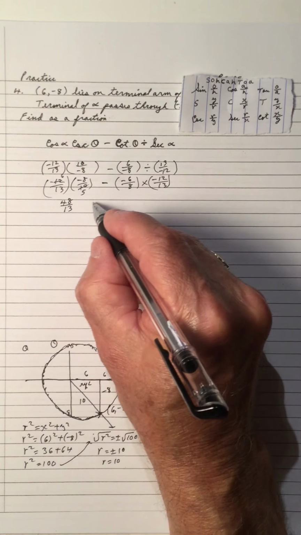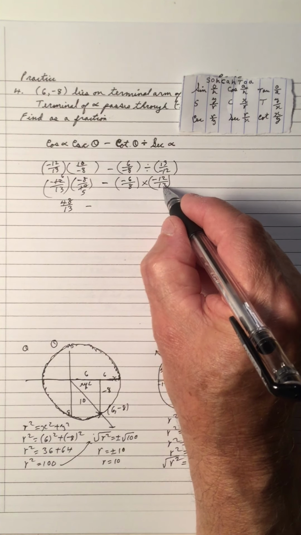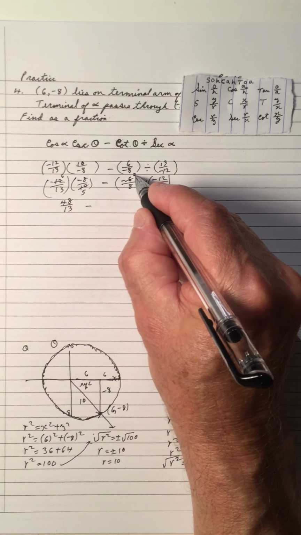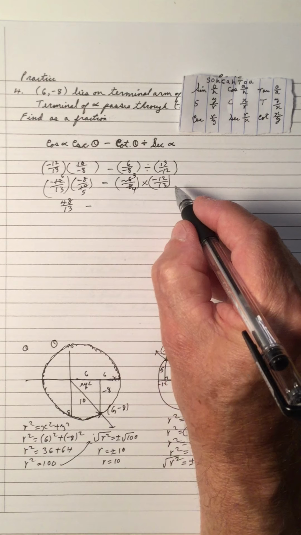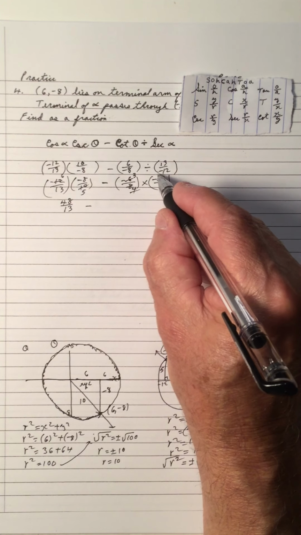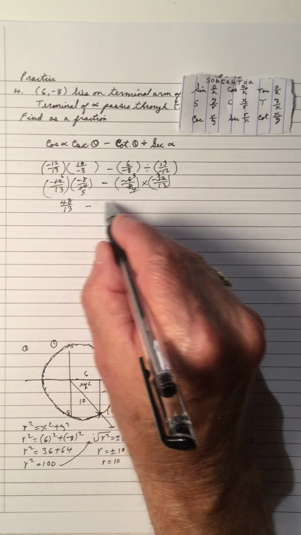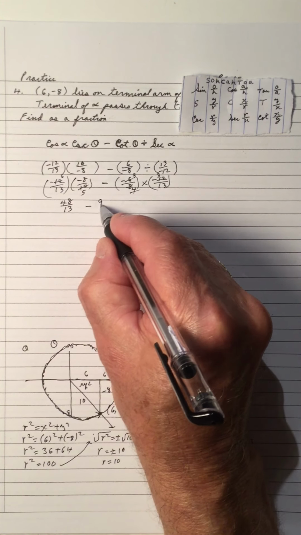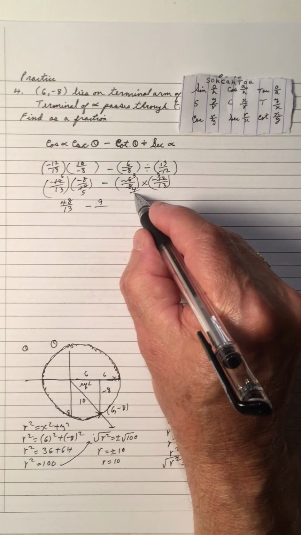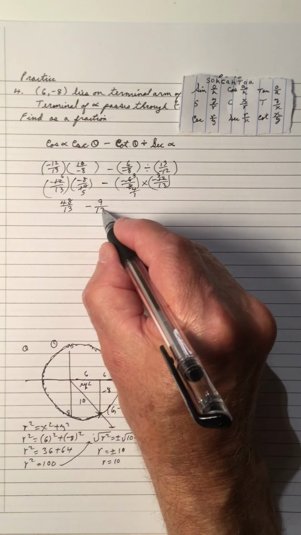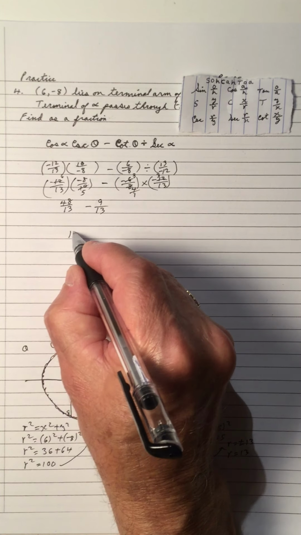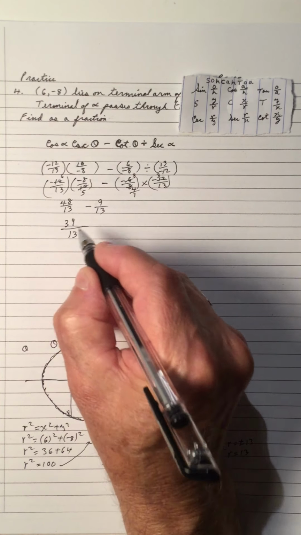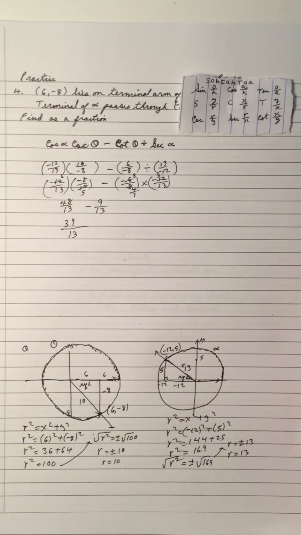And a negative times a negative is positive. 2 into 6 goes 3, 2 into 8 goes 4, and 4 into 12 goes 3. So I get 9 over 13. So that gives me a common denominator of 13. 48 minus 9 is 39 over 13 is my final answer.